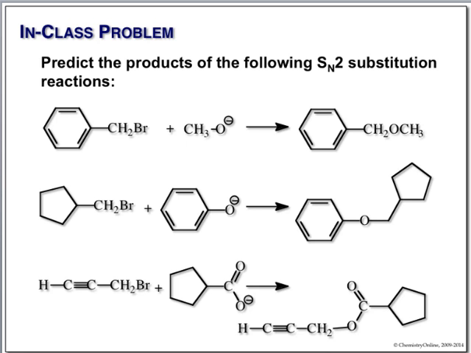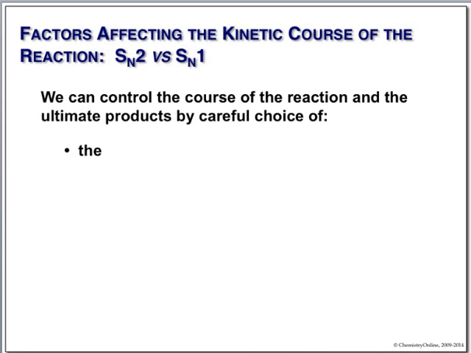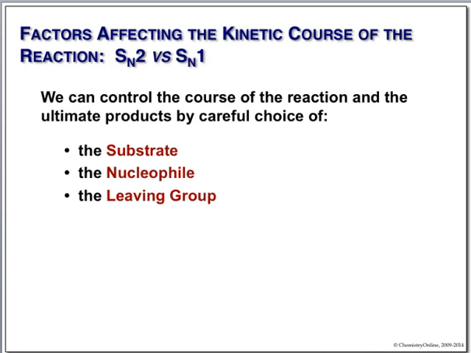What we're going to talk about are things that tend to affect whether you have SN1 or SN2. This is not going to be a major focus on the exam, but there are a couple important points that you're going to have to remember out of it. So let's just look at that. How do you control whether it's going to be SN1 or SN2?